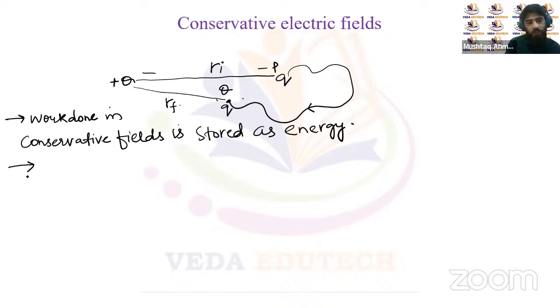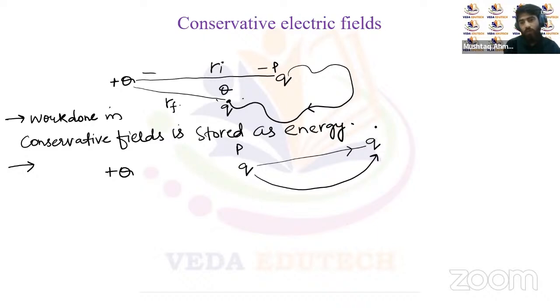Means that, let's suppose this is the charge plus Q here, and this is the charge q here. Let's suppose I displace this charge q to this point like this, or I can displace it like this, from point P to point R. And I can also displace this charge like this, or like this.